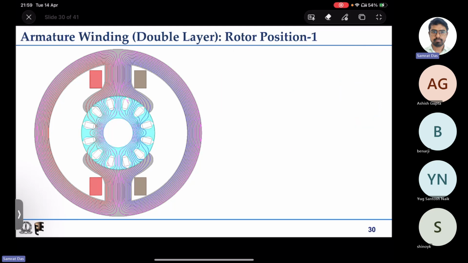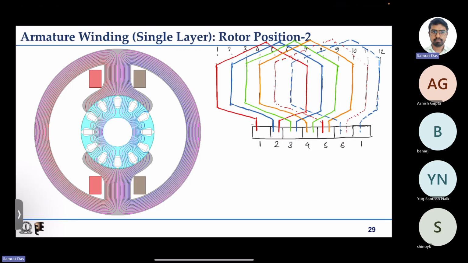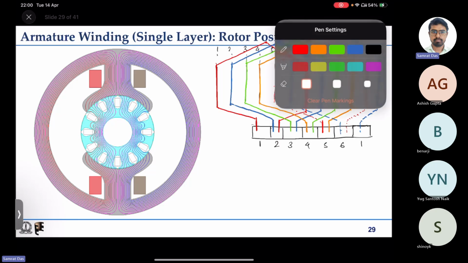Okay, let us try to do at rotor position 1. So here afresh. Actually this rotor is quite small, so it will get complicated. Probably I could have increased the size. If I go back, that will erase this part. So I think you understand what actually is happening here.